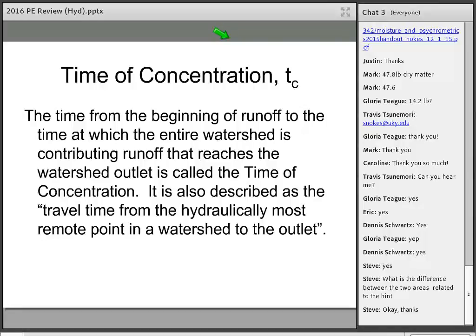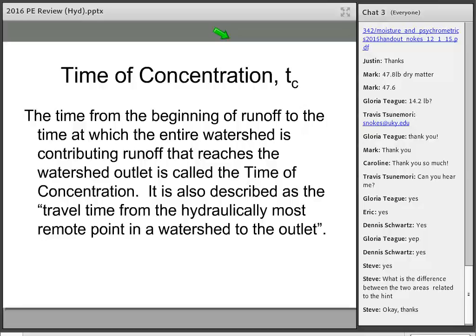You can have runoff happening locally everywhere on the watershed all at once, but you won't have it contributing to the flow at the outlet until you've had enough time pass to cover that travel time from the hydraulically most remote point to the outlet. That's why it's described that way.